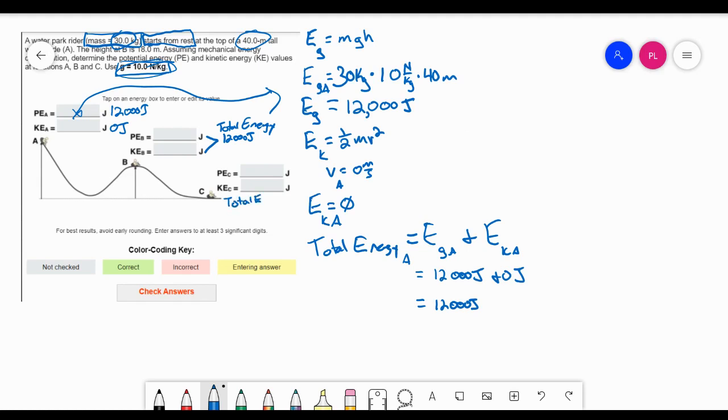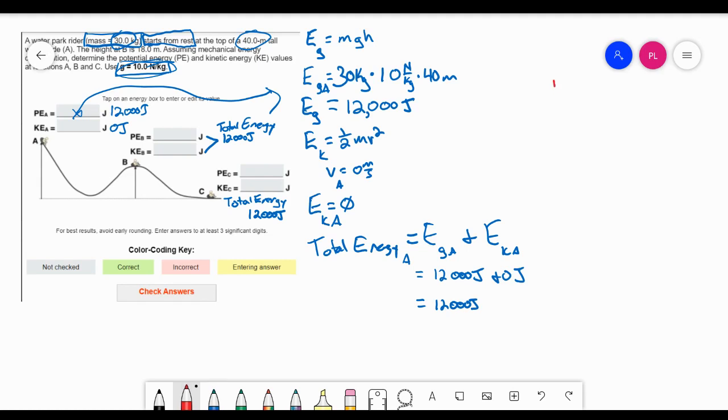Energy is both conserved and constant. Total energy there should be 12,000 joules. So that 12,000 joules of total energy is how we're going to find the kinetic energy for parts B and C.